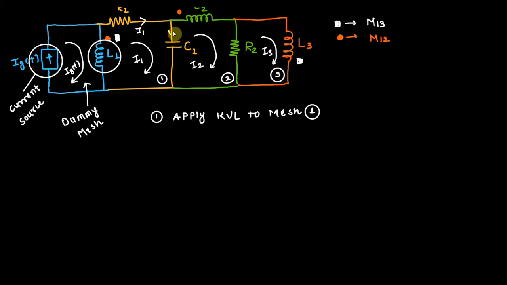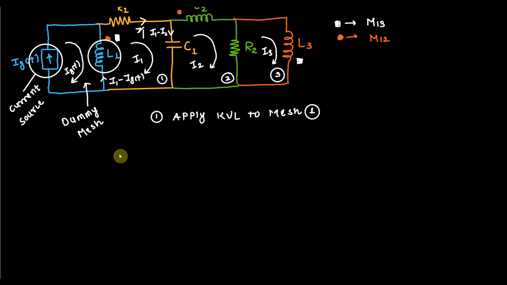What is the current through this C1? It is I1 minus I2, because C1 is common to these meshes. Then what is the current here in L1? You can see that this L1 is common to this dummy mesh and the first mesh. What is the current in the first mesh? I1. And what is the current in the dummy mesh? Ig of t. So this should be taken care of.